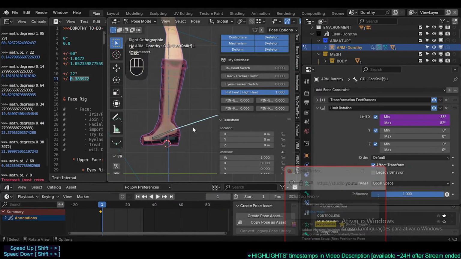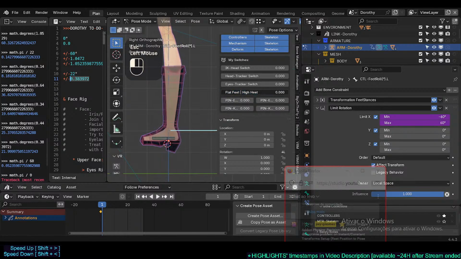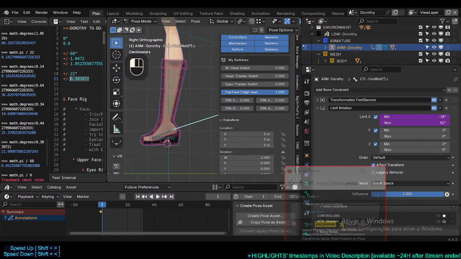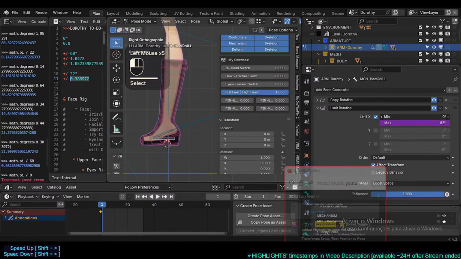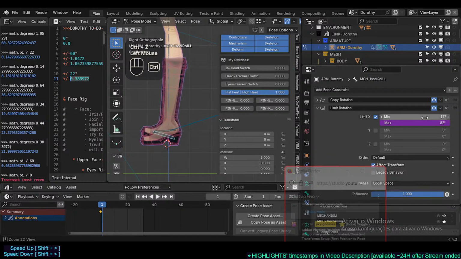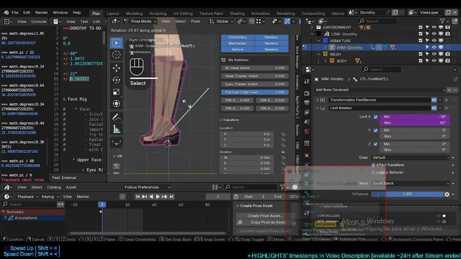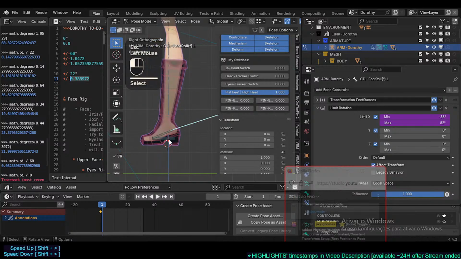Although, oh yeah, the heel, it leverages the toes.